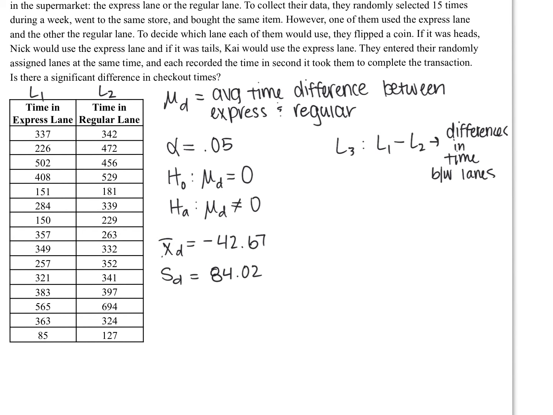And it is okay for the mean here to be negative even though it's time, because that's indicating that the express lane is faster than the regular lane. If it was positive, that would indicate that the regular lane was quicker than the express lane.